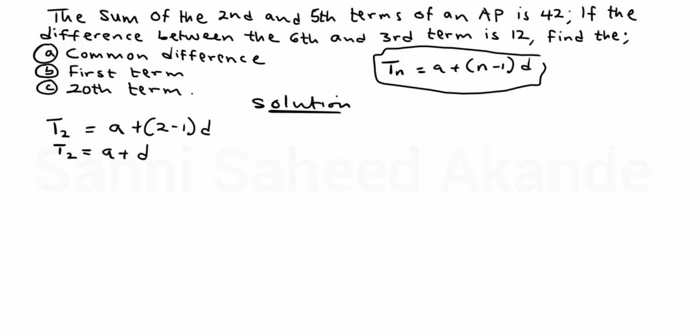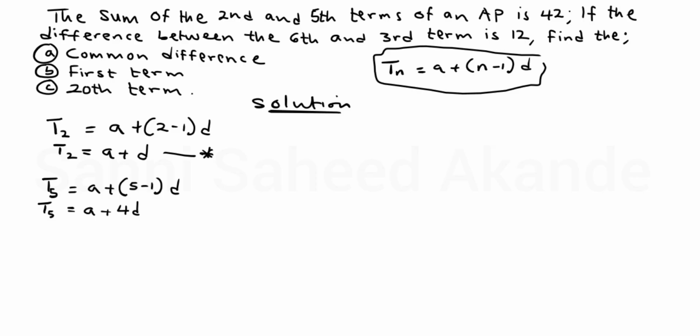Take note of this. Okay. Then let's find the fifth term, that is T5, which will be equal to a plus open bracket n, and n is 5, minus 1 close the bracket d. If you solve this further, you have a plus 5 minus 1 is 4, 4 times d is 4d. So meaning that my T5, the fifth term, is given as a plus 4d. Is that understood?